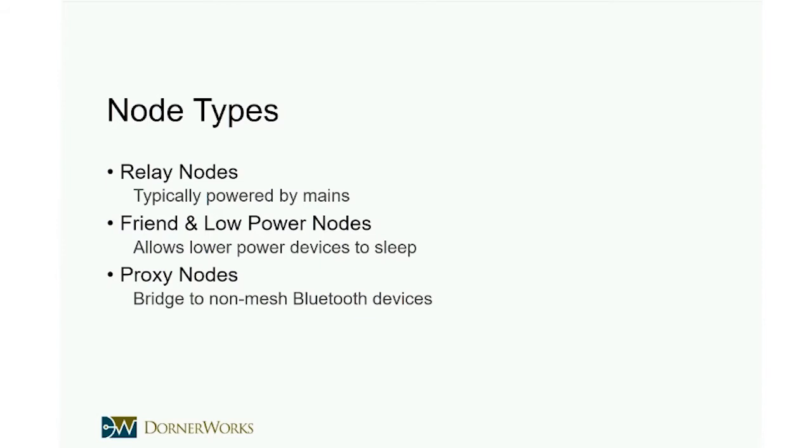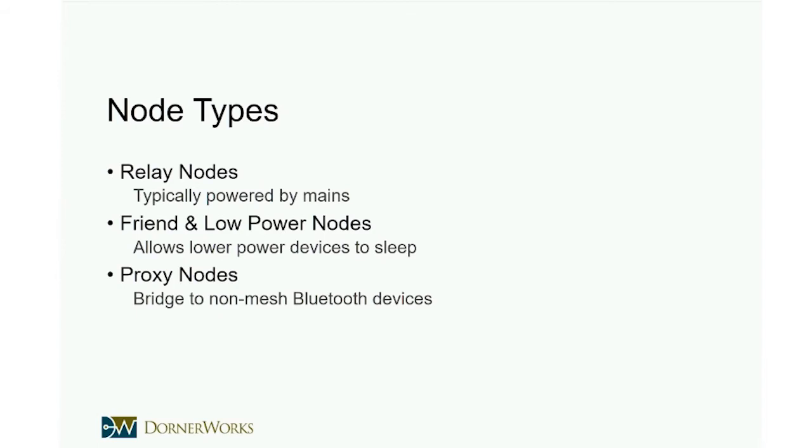These are the nodes that are required to transmit any packet that they receive. So they typically are powered by main power. And what I mean by that is they are required to be on scanning and sending data nearly 100% of the time.